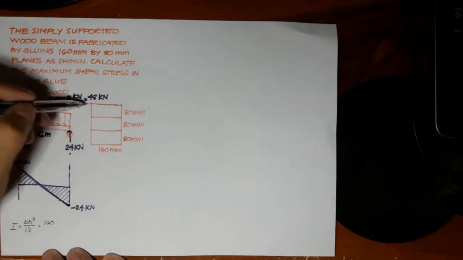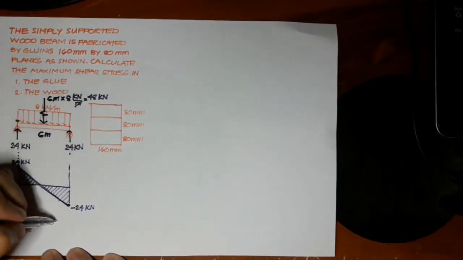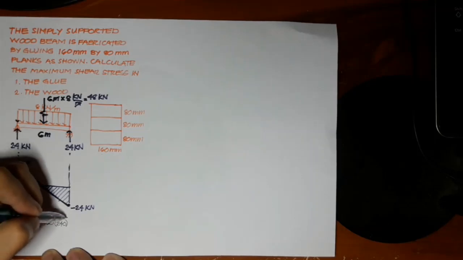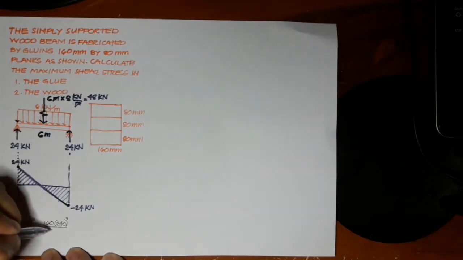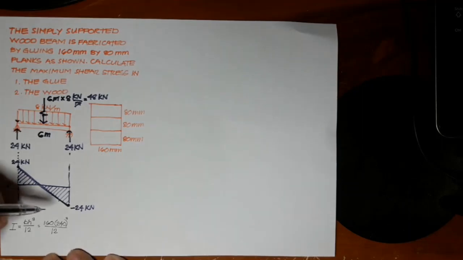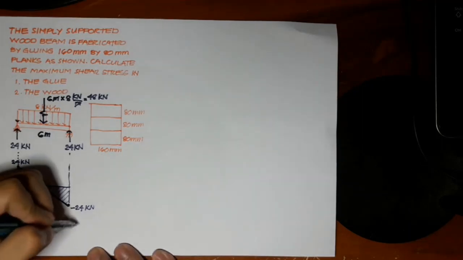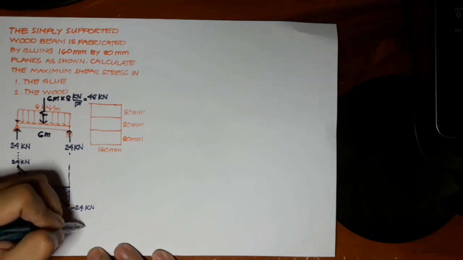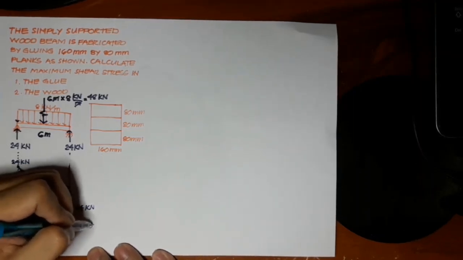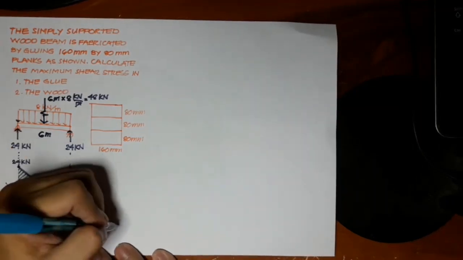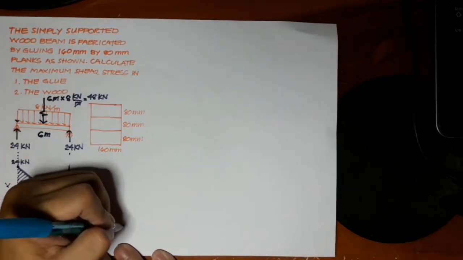H is equal to 3 times 80, or 240. So I equals 160 times 240 cubed over 12, and that will be equal to 184.32 times 10 to the 6th mm to the 4th.